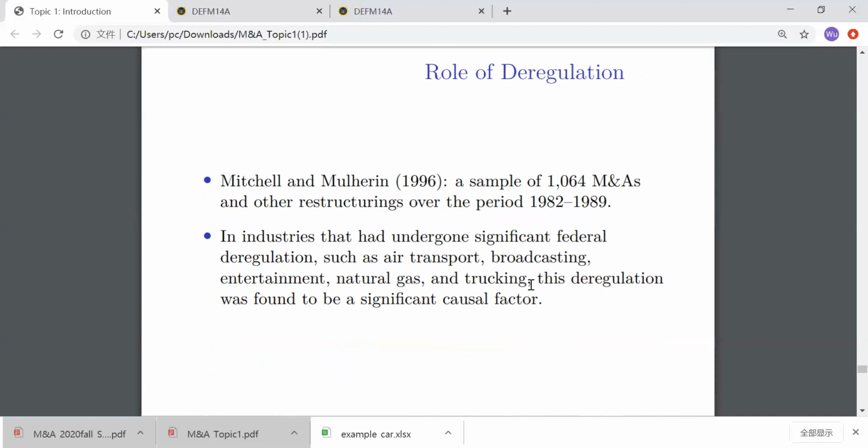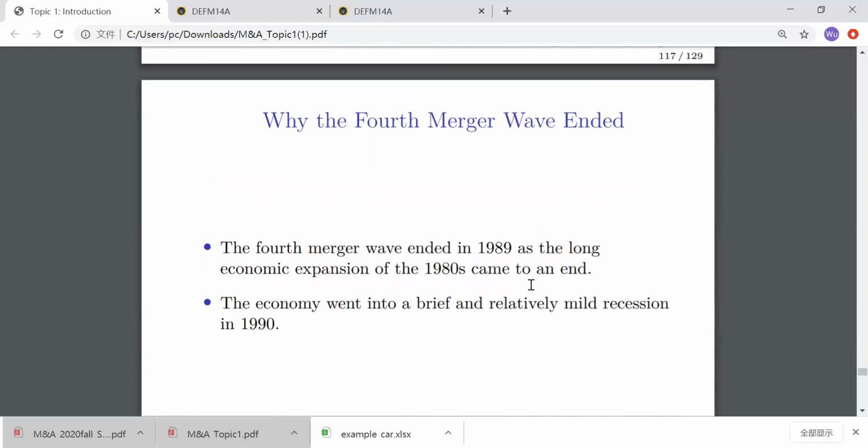What they found is that in those industries that underwent significant federal deregulation, there was very active merger and acquisition activity. Deregulation is a causal factor for mergers and acquisitions, which we already talked about when we discussed merger waves in general. And of course, the fourth merger wave ended in 1990 because the economic expansion ended.